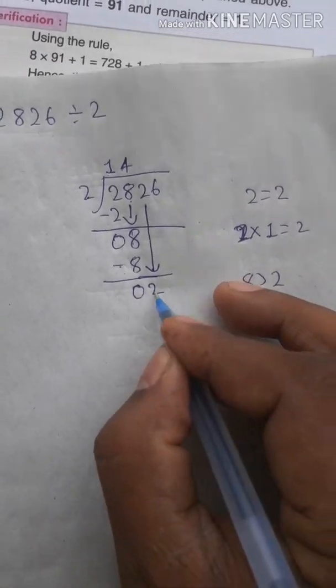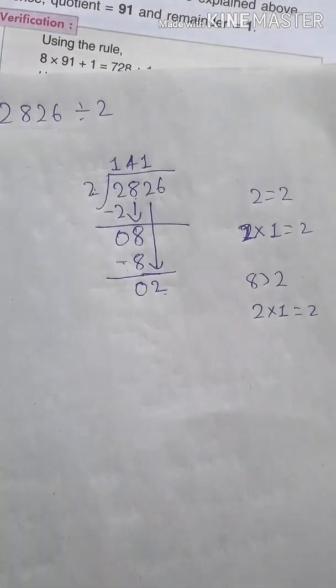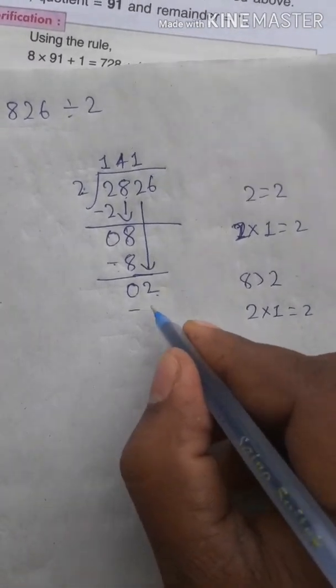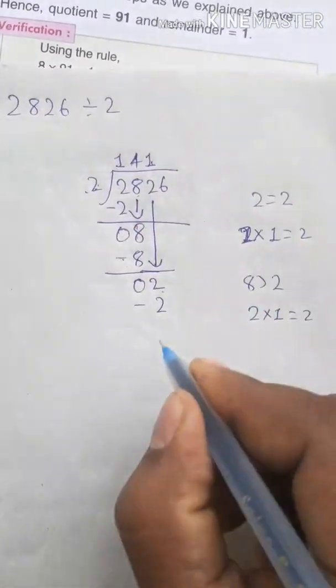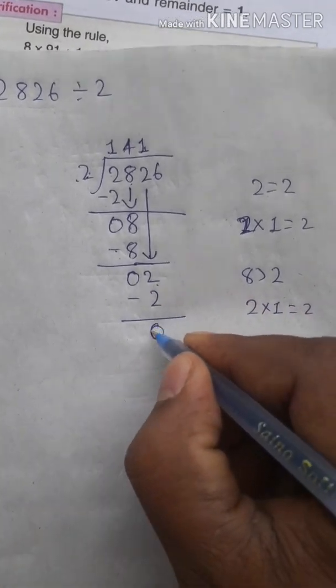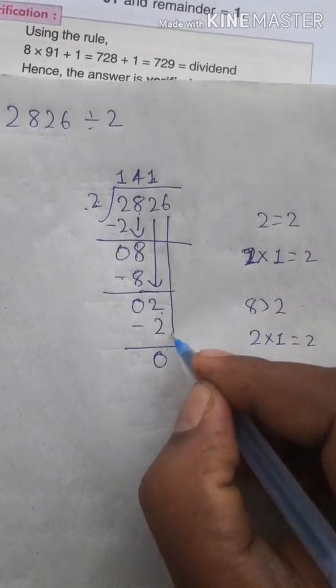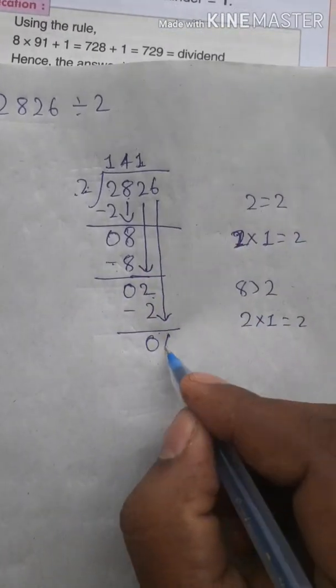Then compare. 2 is equal to 2. So write 1 here again. Then 2 into 1, that is 2. Then subtraction, 2 minus 2 is equal to 0. Then bring down this number. Write 6 here.